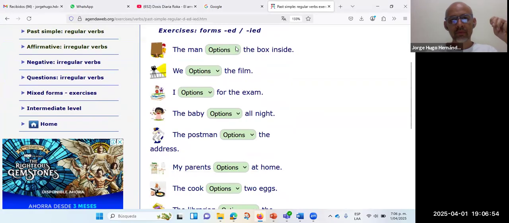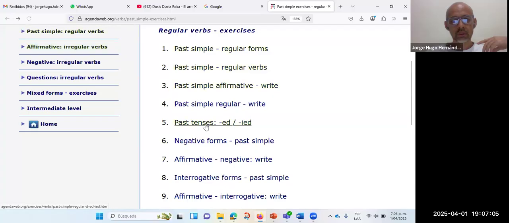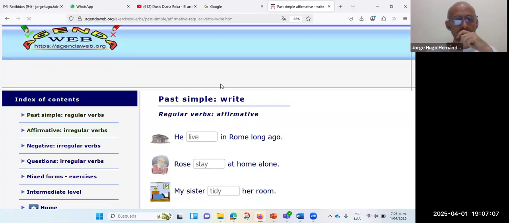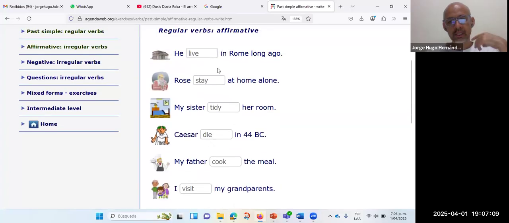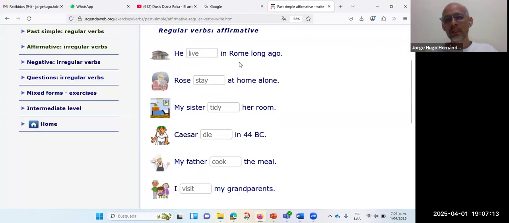And as you can see here, we have some incomplete sentences, and we have to write the verb in the correct form. We have to write the verb appropriately.